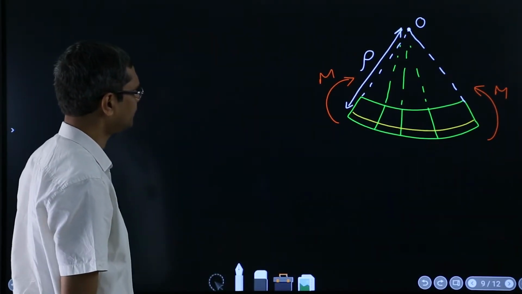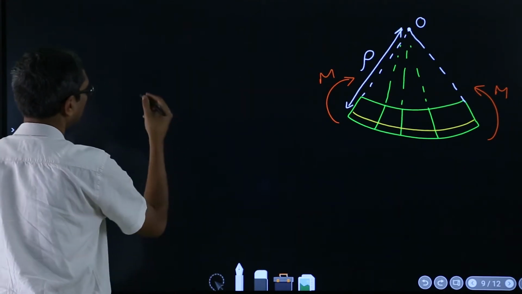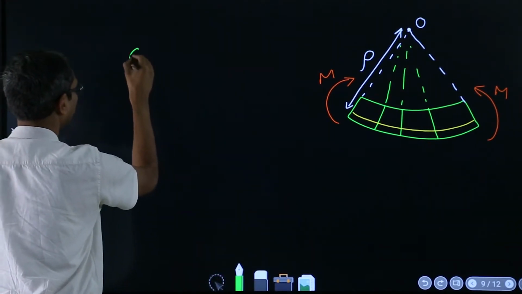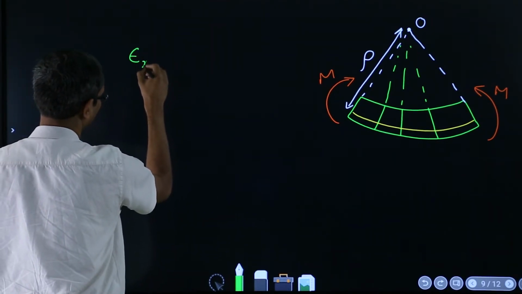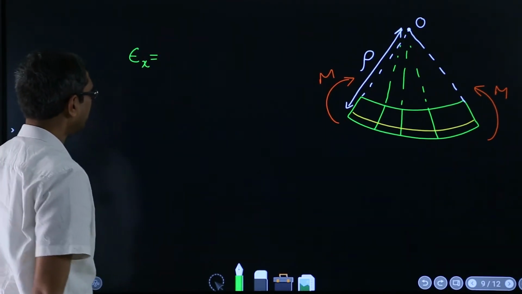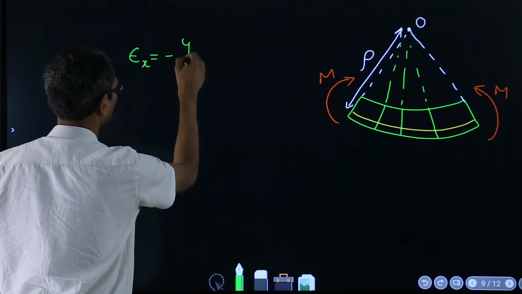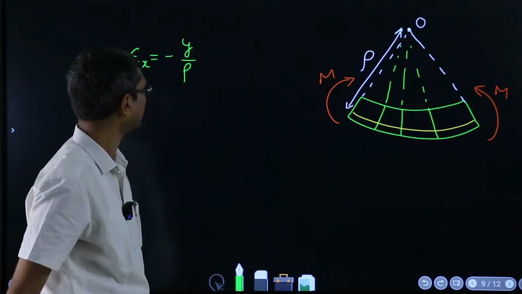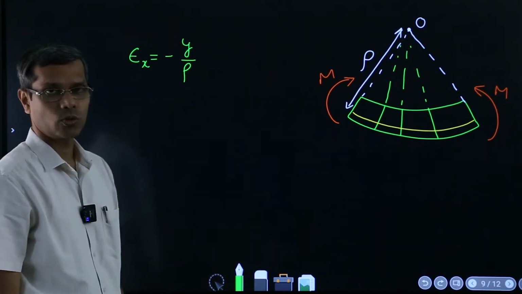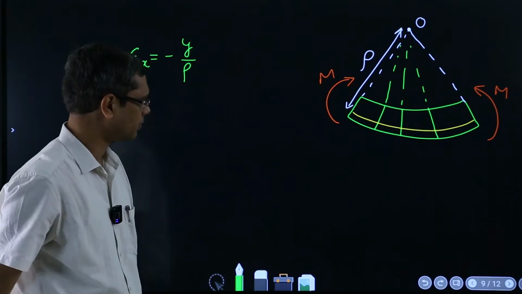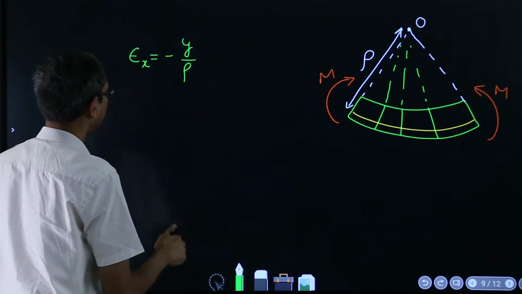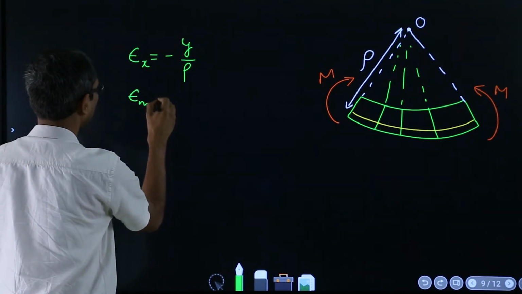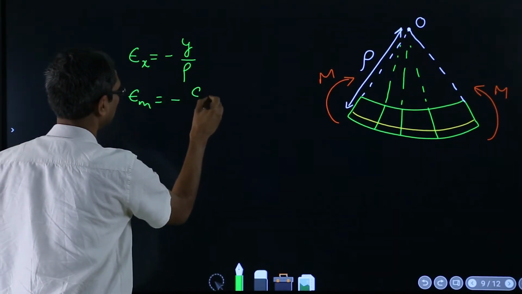Now, we had derived one equation saying that the longitudinal, the axial strain was negative of y over rho, right? So y over rho was the longitudinal strain, and from there we said that epsilon max was negative of c over rho.